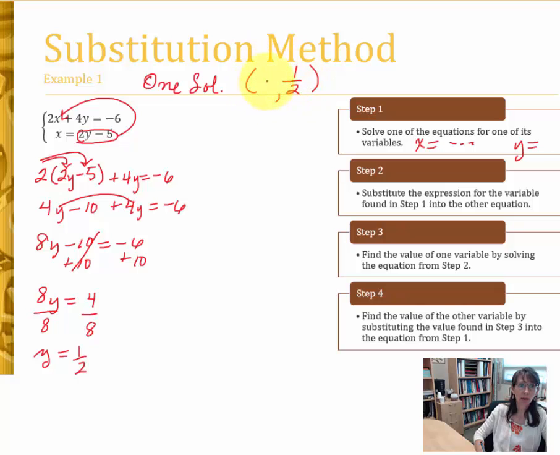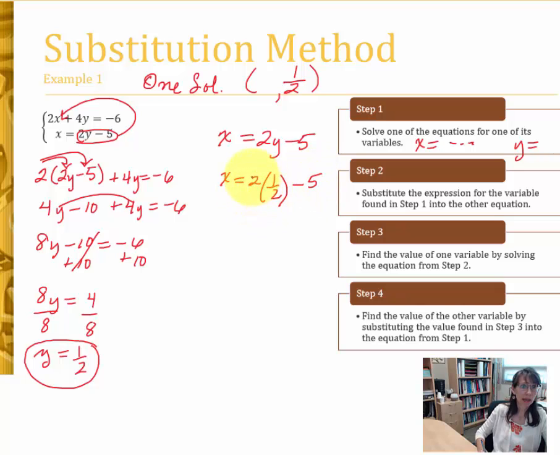So we need to figure out what the x value is. This is where we're going to take this value for y and use 1/2 for y in either one of the original equations. It looks like the second equation is easier to use. x equals 2y minus 5. And we know that the y value is 1/2. x equals 2 times 1/2 minus 5.